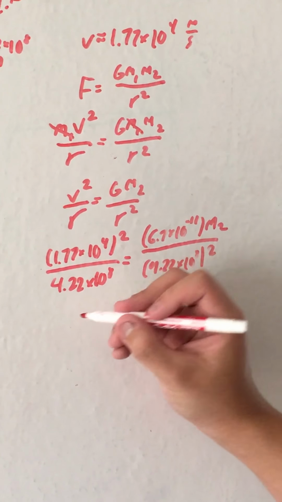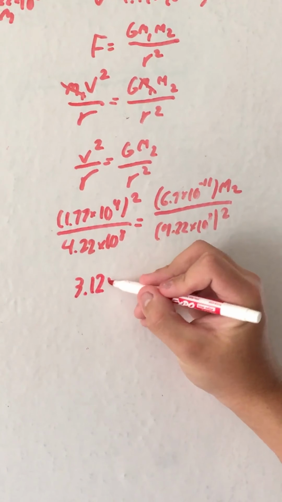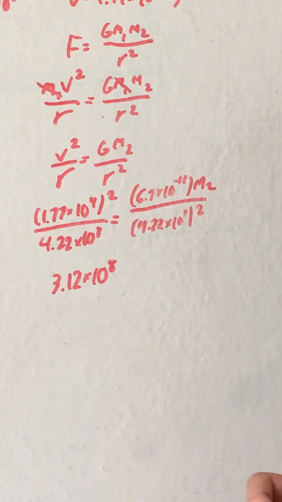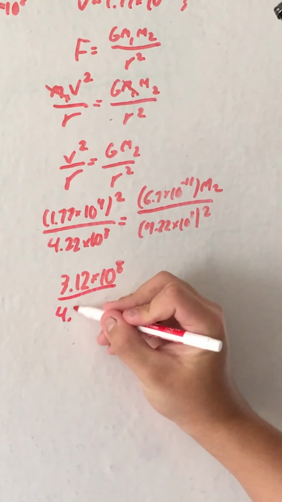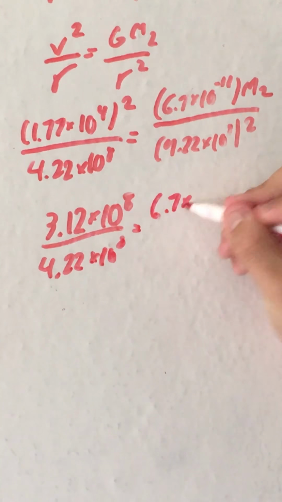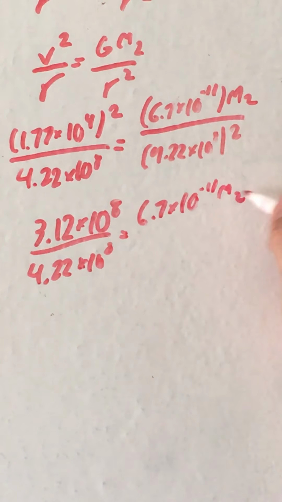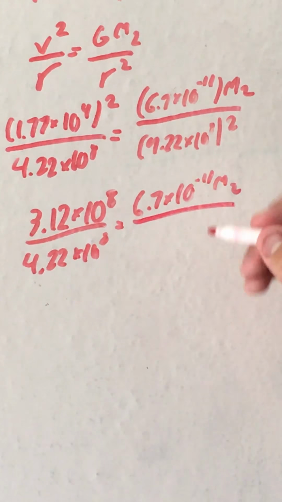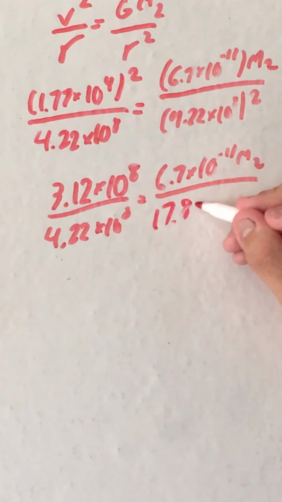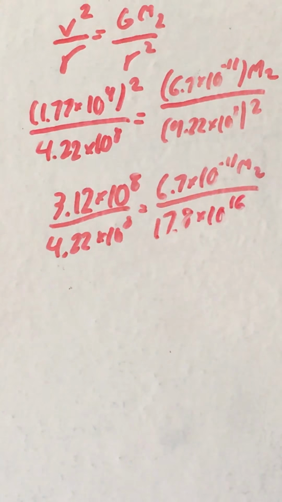And we get approximately 3.12 times 10 to the 8th for velocity squared, 4.22 times 10 to the 8th, 6.7 times 10 to the minus 11, and 2. And then lastly, 4.22 squared is about 17.8 times 10 to the 16th.